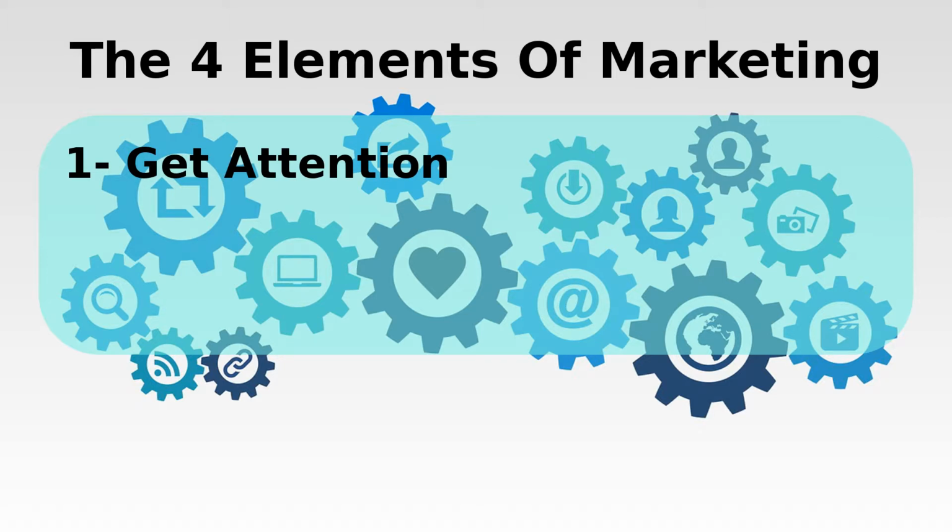Getting attention typically is done with a decent headline that really addresses the pain buttons that your target market is experiencing. And then you create a subheadline. So you have a headline and a subheadline, and that subheadline is going to relieve the pain button that you are pressing for your target market. So the first element of the four elements of marketing is get attention.